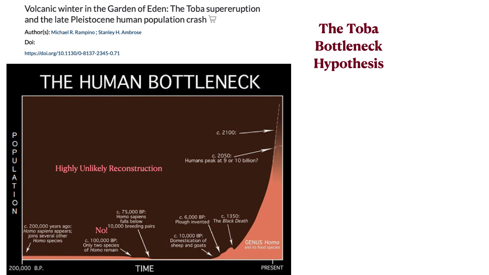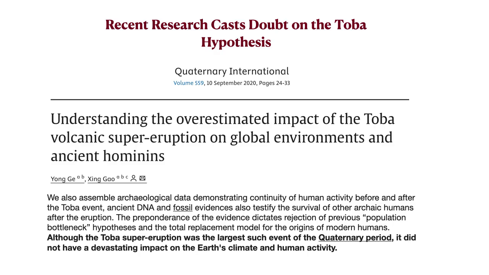So I had to add a few things to this slide, but it's showing a pretty substantial human population almost disappearing for a long time and then finally coming back. Well, that is not the case. Recent research really casts doubt on this. Toba probably had very little effect in Africa, the original home of humankind, and even outside of Africa wasn't as bad as previously had been thought.